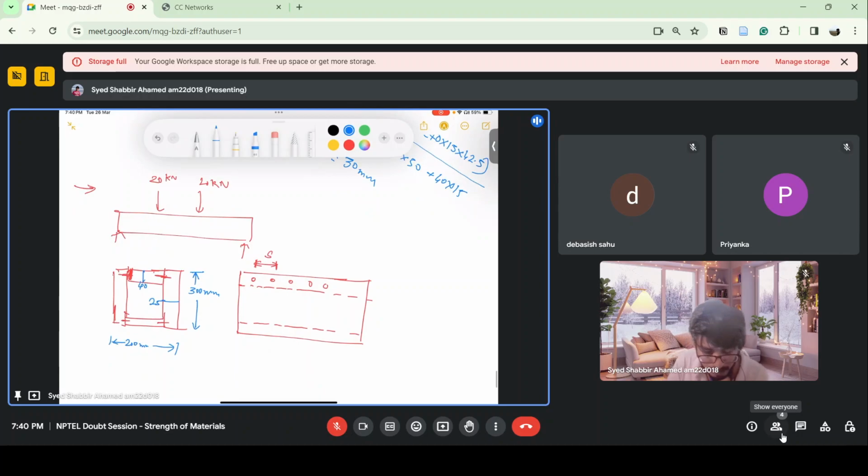So now determine the moment of inertia of the beam cross section, which resists bending, in mm to the power 4.